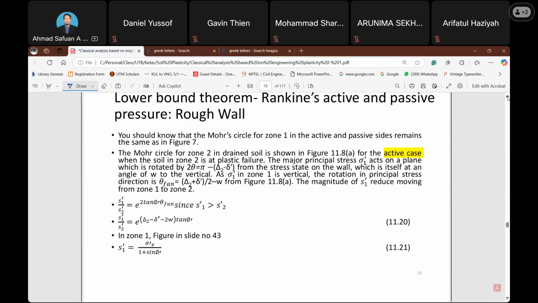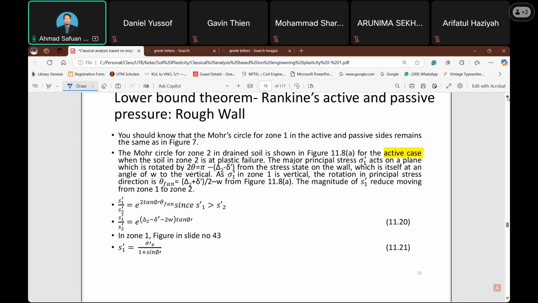So for the active case, when the soil in zone 2 is at plastic failure, the major principal stress sigma 1 acts on the plane, which is rotated by 2 theta equal to pi minus delta 2 minus delta from the stress state on the wall, which is itself at the angle of W to the vertical. Okay. So the sigma 1 in zone 1 is vertical.